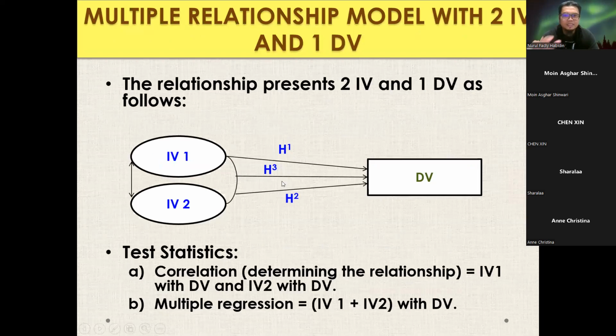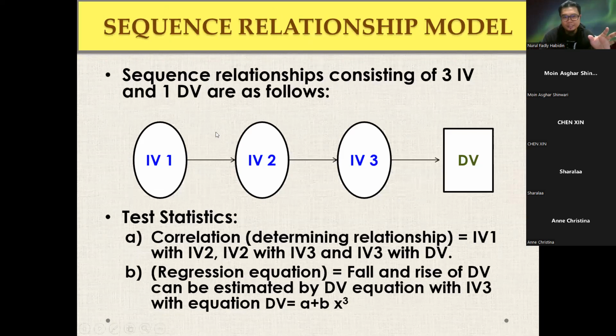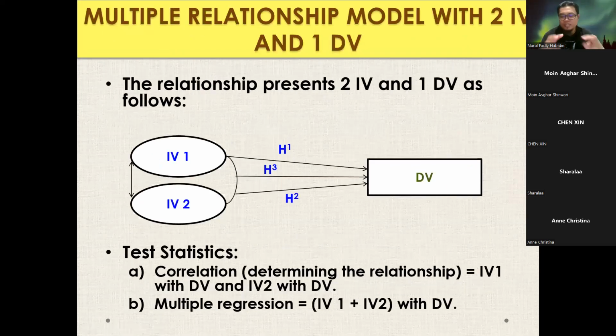Okay, this is another example: you have 2 IVs and 1 DV. The difference from the sequential one I showed you, where there are direct and indirect effects of IV towards the dependent variable, is that here there are only 2 IVs and 1 DV. IV1 can influence the dependent variable directly, and IV2 also has a direct relationship towards DV.